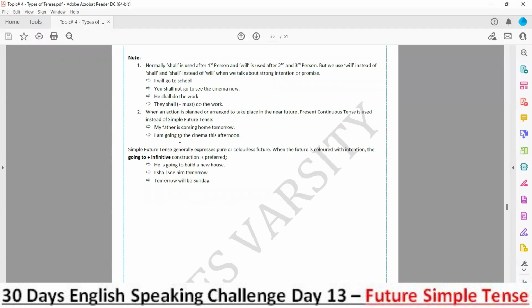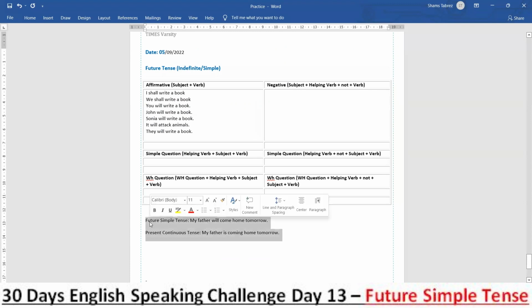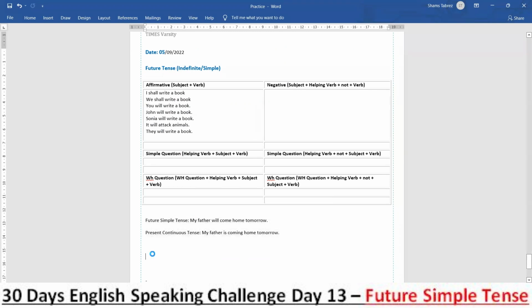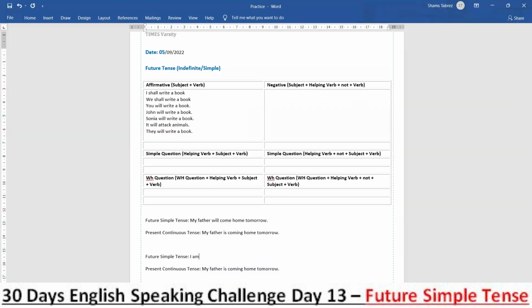Similarly, I'm going to the cinema this afternoon. Let's say in the morning he is expressing that I'm going to the cinema this afternoon. So let me make it again. This is what you need to understand, how you can express it.